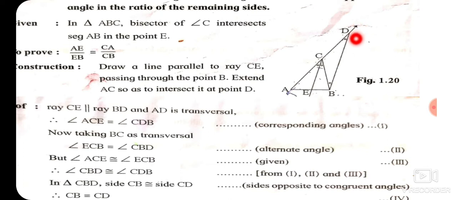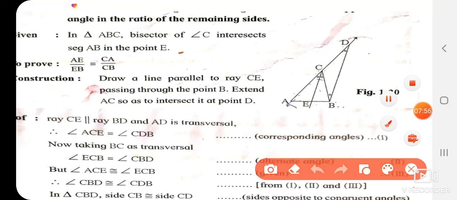Now let us draw another line BD parallel to CE. So this bisector CE is parallel to BD. Draw a line parallel to ray CE passing through the point B and extend AC so as to intersect at point D. This is the construction.